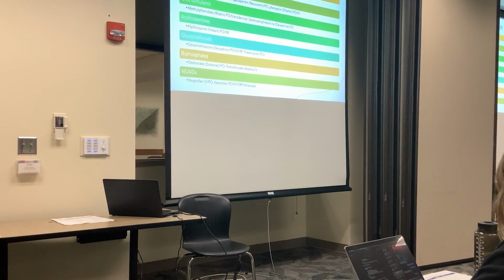Anticonvulsants, these medications are huge with peripheral neuropathy: gabapentin, carbamazepine, Tegretol. When we have that interrupted pain pathway, these work great. Sometimes we can put them on these medications and they don't have to get narcotics at all.